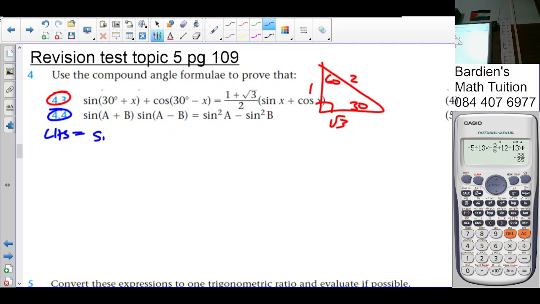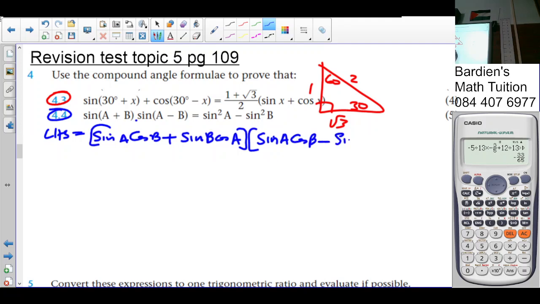So it's going to be sine of A cos of B plus sine of B cos of A, times, and that stands for multiplication there, sine of A cos of B minus sine of B cos of A. As you can see, it's the conjugate pair there.